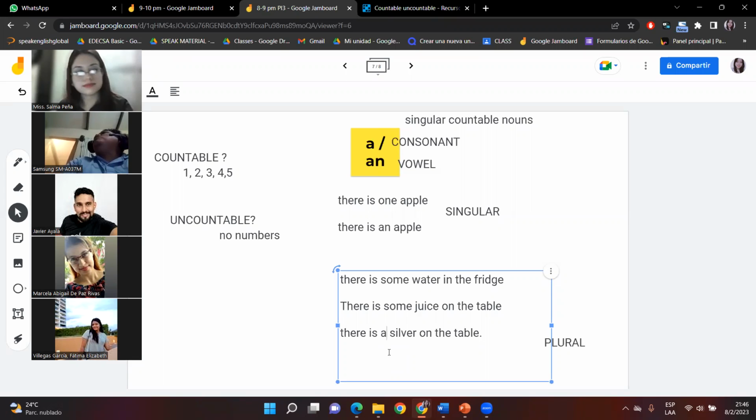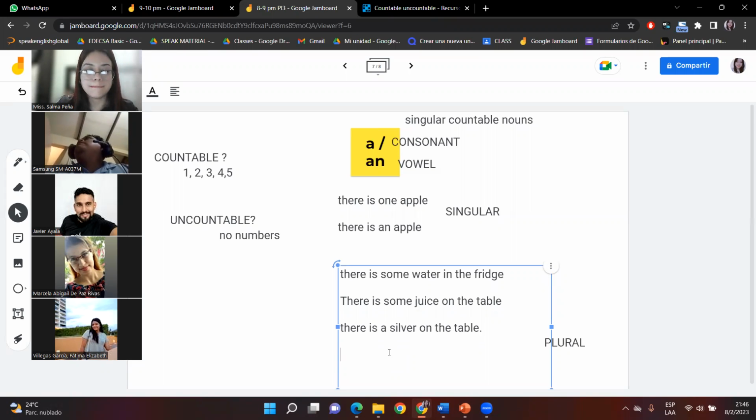Because silver is a material and is not countable. So I have different options. We can say much, for example. We can use a lot of. We can use some. And we can use a little.